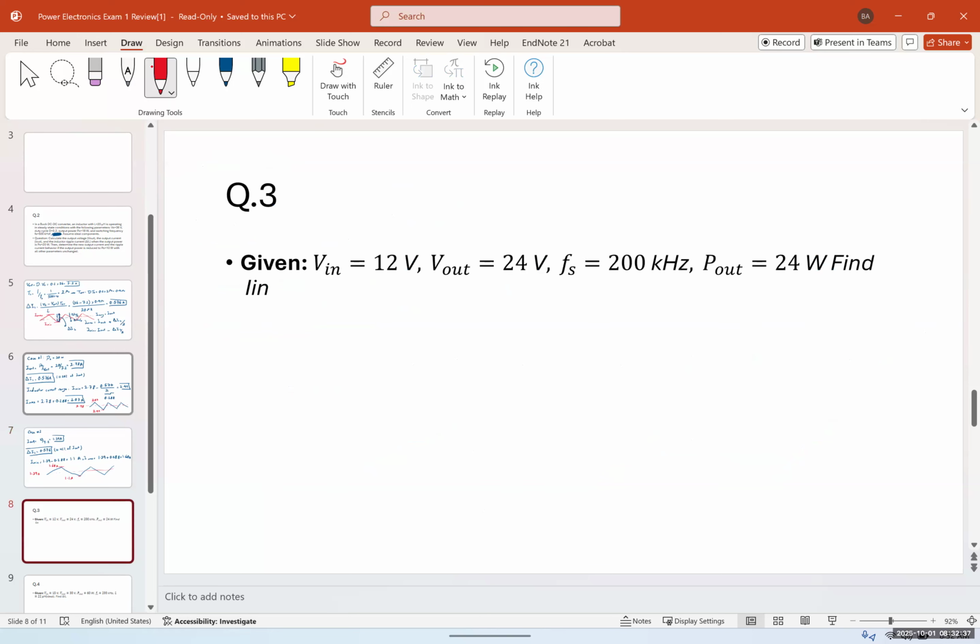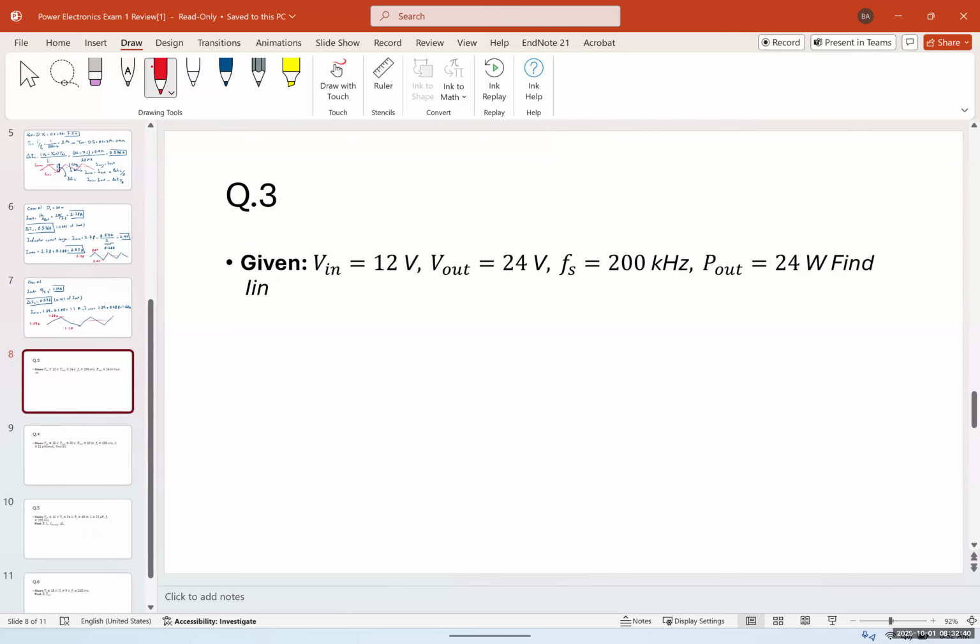Okay. So next question. Given Vin is 12 volts, Vout is 24 volts, Fs is 200 kilohertz, and Pout is 24 watts, we want to find Iin and D. First of all, can you tell me what type of converter this is? Is it a buck converter or a boost converter? Boost. Why? Because the output voltage is greater than the input voltage.